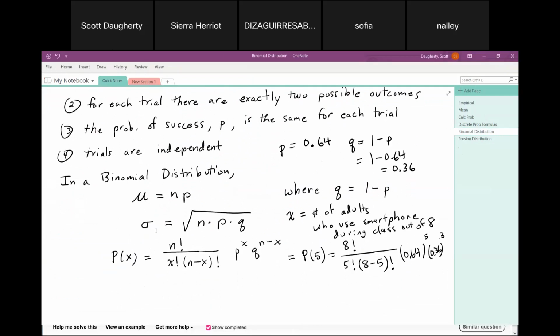What's the standard deviation, in other words? This is a measurement of how the data varies from the center or the mean. All you have to do is multiply the number of trials by the probability of success, and that'll tell you the average outcome of the random variable. And then to get the standard deviation, you would just say n times p times q and then take the square root of that number.